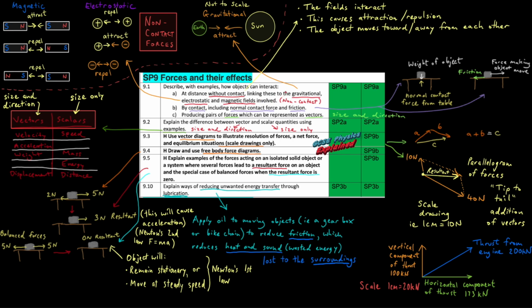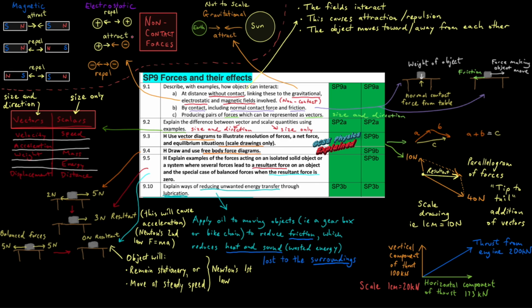So what you see is that the fields interact, so that's either the gravitational field, the electrostatic field or the magnetic field. This causes attraction or repulsion and the object moves toward or away from each other. So that would get you up to 3 marks.